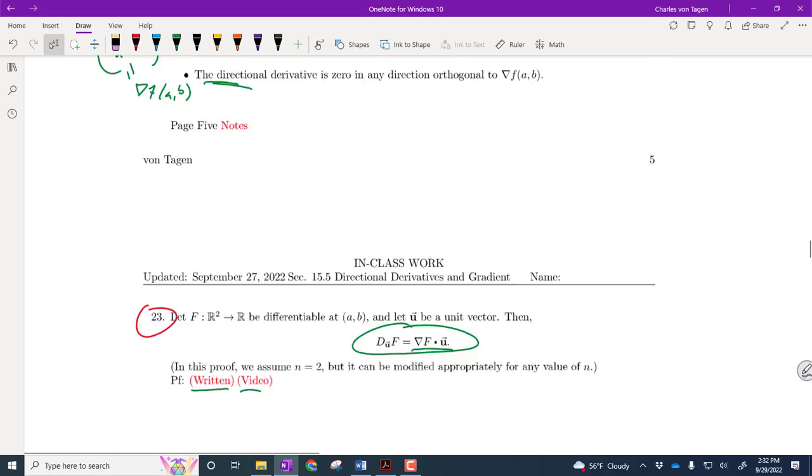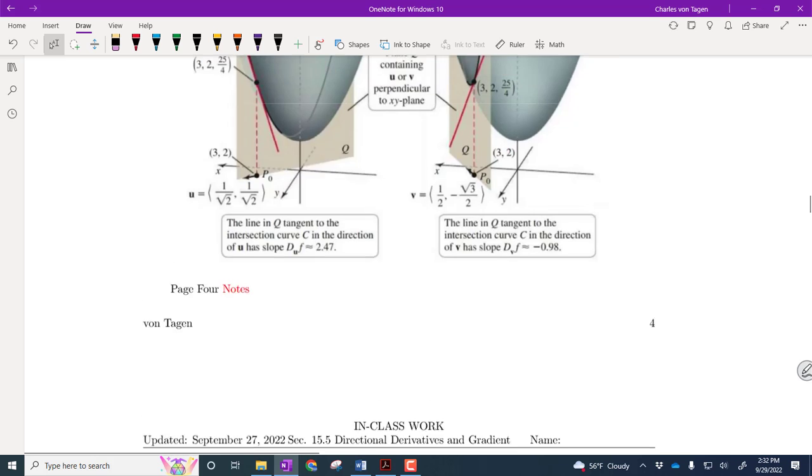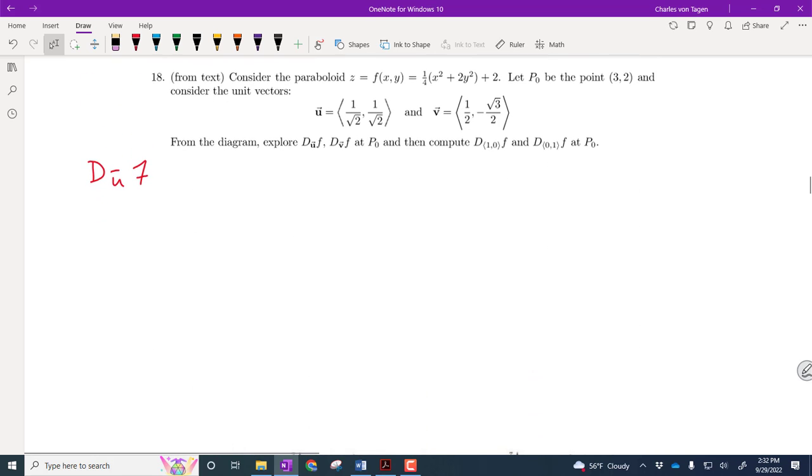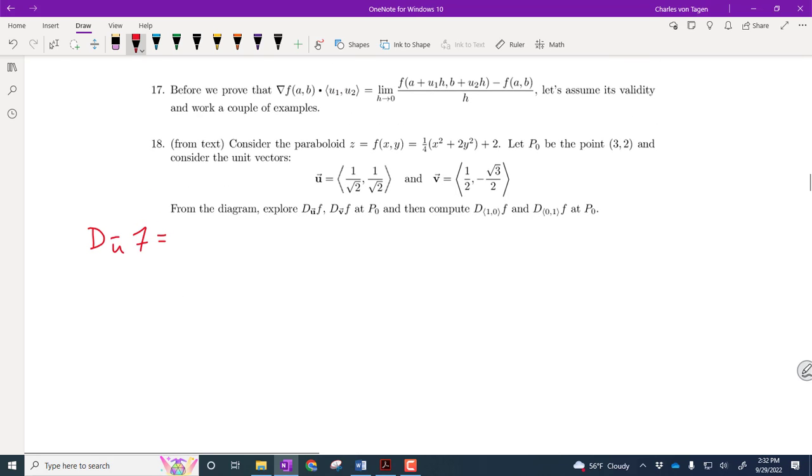We'd already kind of given a hint to that. So rather than doing this computation, which involves using this long limit, we instead compute the gradient evaluated at the point dotted with that unit vector. And that's a far easier calculation to do.